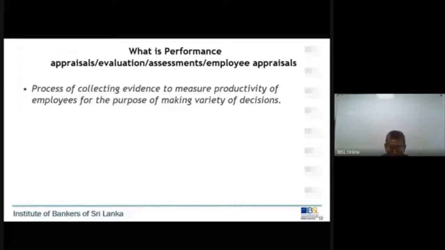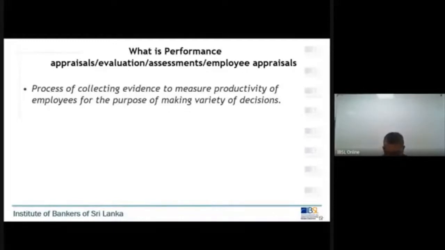Performance appraisal is basically collecting evidence about the employee's performance or productivity for the purpose of making a variety of decisions. Can anybody tell me what decisions can be taken by the management by evaluating your performance?